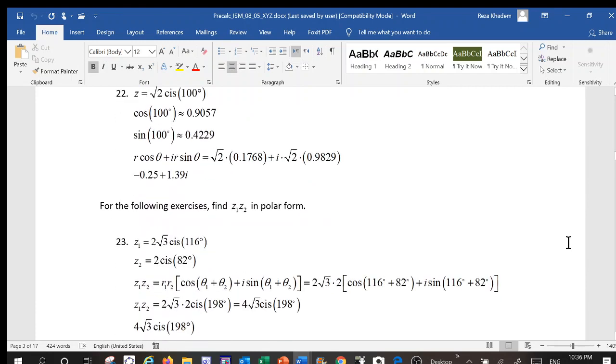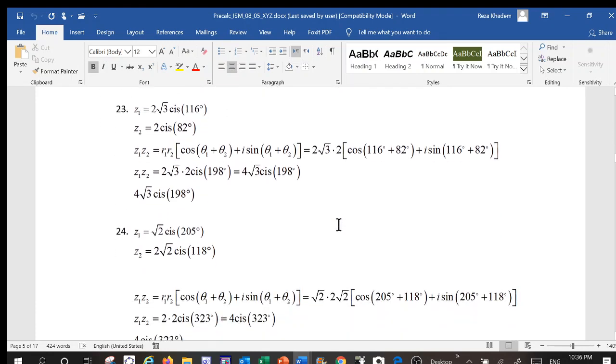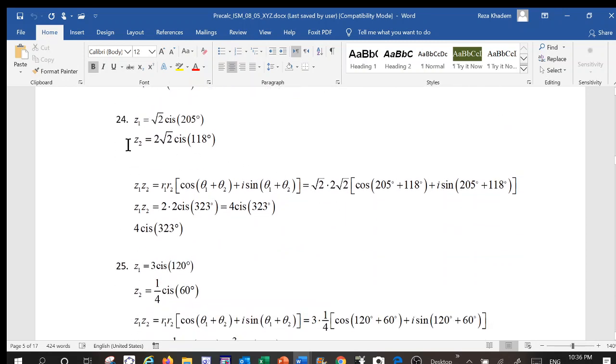These are all. So for the following, find the product of two complex numbers. Well, let's do number 24. So to find the product of two complex numbers, we need to multiply the moduli. So the modulus for this is square root of 2, modulus for this is 2 square root of 2.